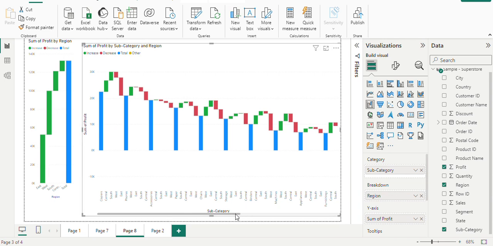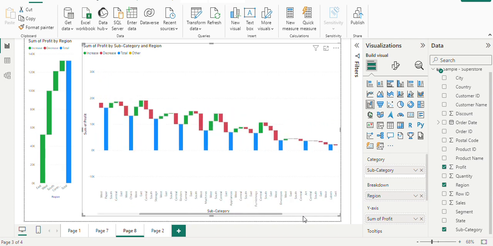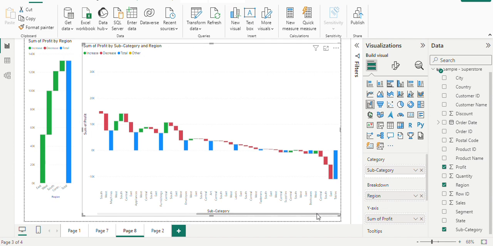The waterfall chart is also known as a bridge chart. So it bridges from the initial to the final values continuously. It's a bridge value. Here we come to this region, it's actually a concave because all the three regions have a decreasing trend.